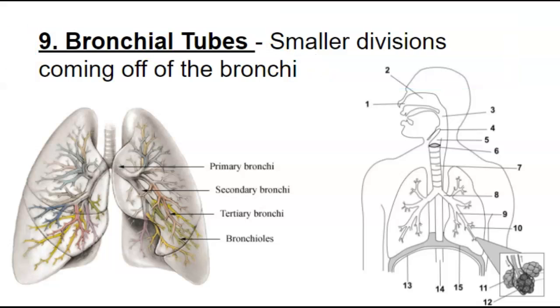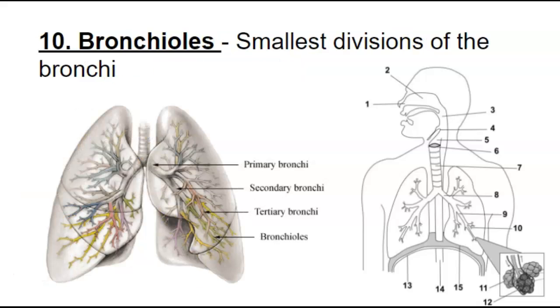Or bronchus, right? One bronchus. And then they divide even further. And the tiniest little ones are called bronchioles, okay? So bronchi, bronchial tubes, bronchioles. So it just keeps going smaller and smaller.